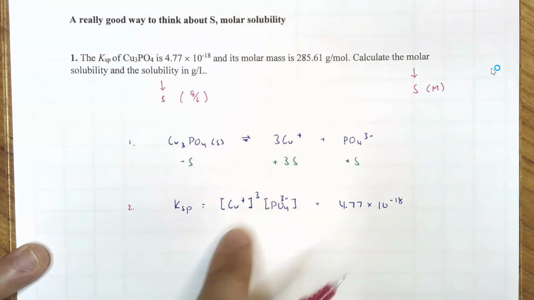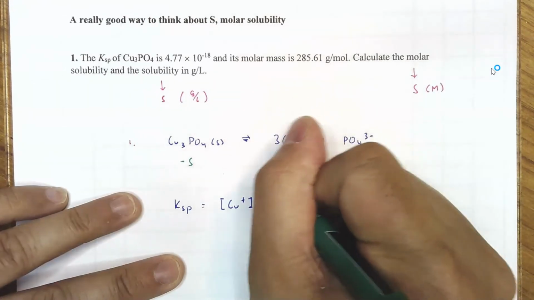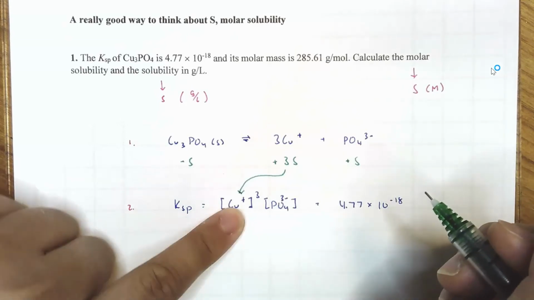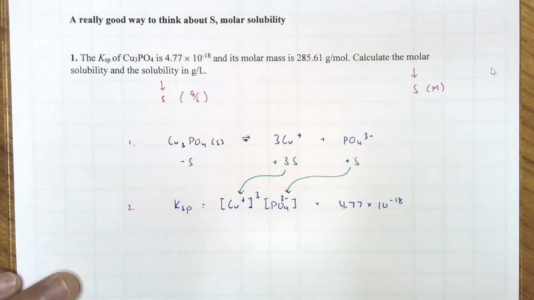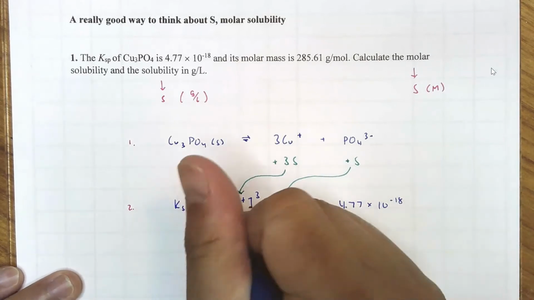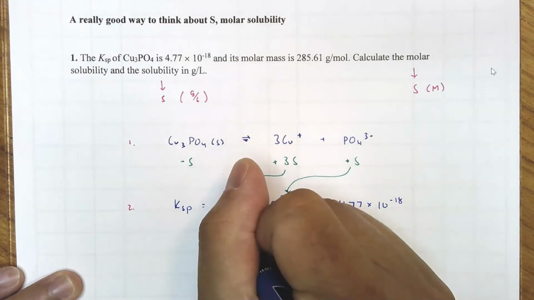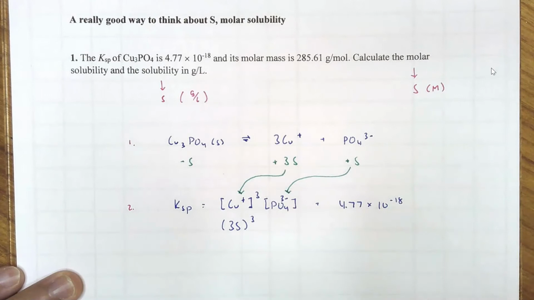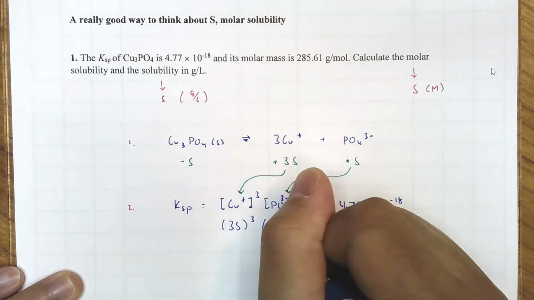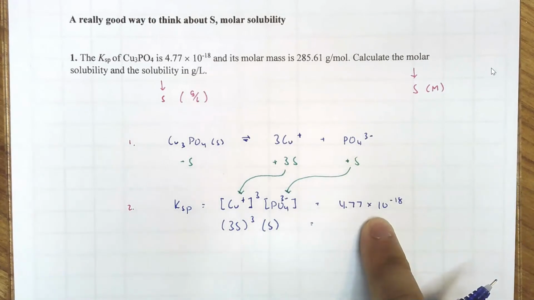You're going to input for the concentrations these two terms. 3S goes in there, and S goes in there. Don't use square brackets, because now we do have our concentration. It's just in terms of S. 3S cubed, okay, and S. And that equals this number here.